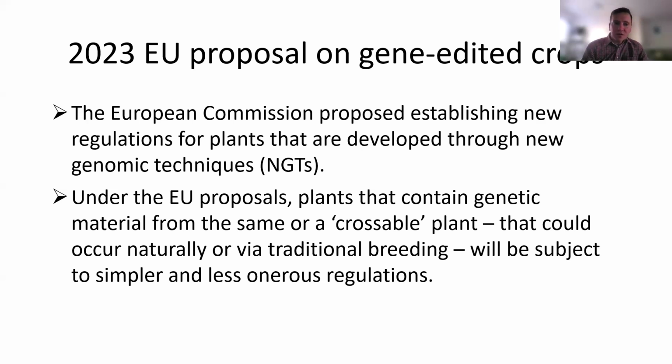So in 2023, the European Commission issued a proposal for a regulation for plants that are developed through new genomic techniques. And under this proposal, which is similar to what Australia has done, plants that contain genetic material from the same or crossable plant, which can occur naturally or via traditional breeding, will be subject to simpler regulations.